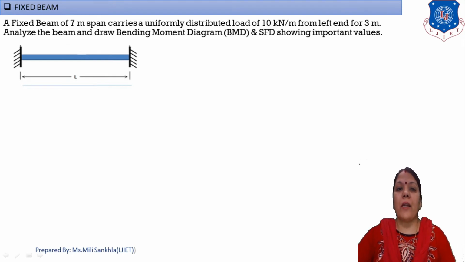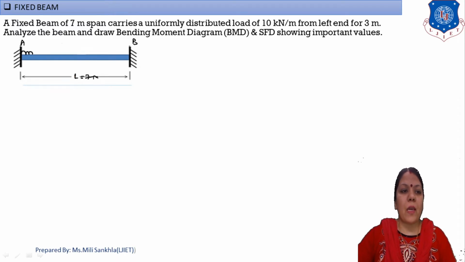Here I draw one fixed beam, L is equal to 7 meter, this is our A point and this is our B point. The fixed beam AB carries UDL up to 3 meter, and the value of this UDL is 10, and this remaining distance is our 4 meter.